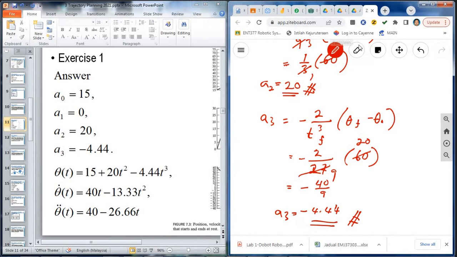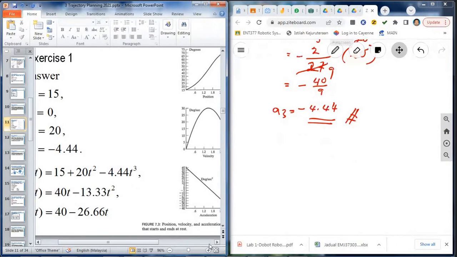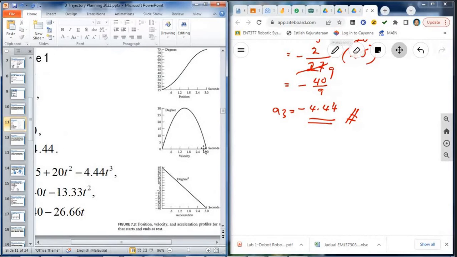So to plot a graph, for example, you have 3 seconds. I recommend that you plot at least 5 points on the scale. That means you have 2 at the left and 2 at the right, and 1 at the middle. So if you do only 3 points, that means 0, the middle is 1.5, and final is 3.